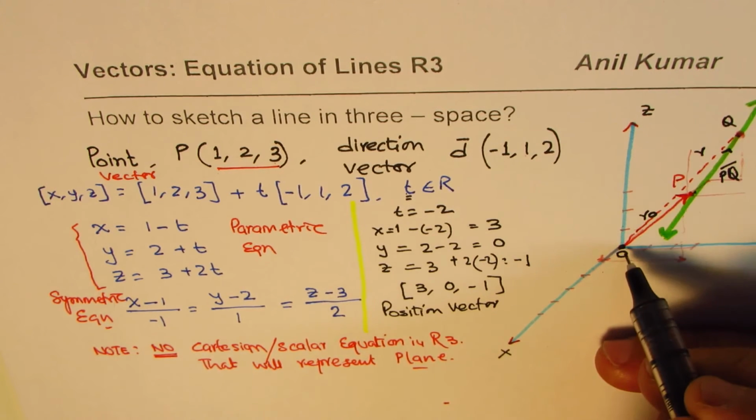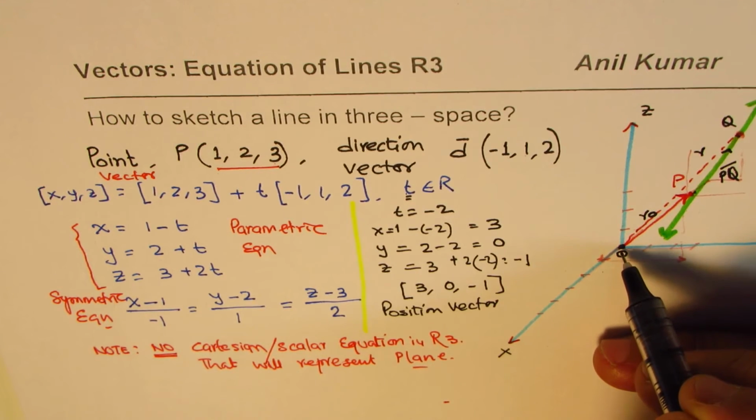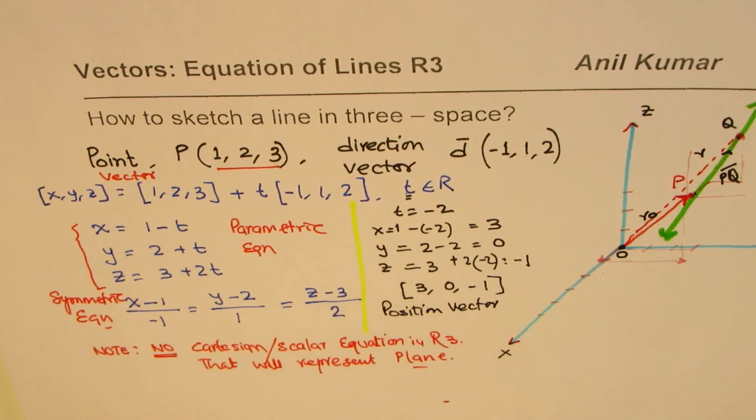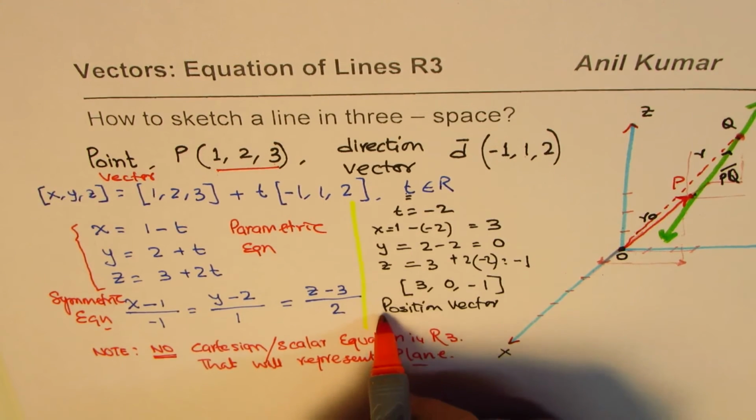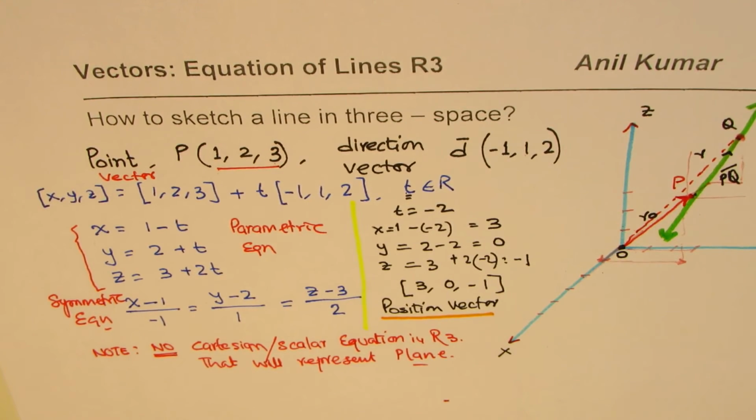But if I position it so that the starting tail is at the origin, then we call them position vectors. Position vectors are unique, right? So that is important to understand, position vectors. So when I say R0 and R, these are position vectors, okay. We could say OP and OQ are our position vectors for the points taken, right?